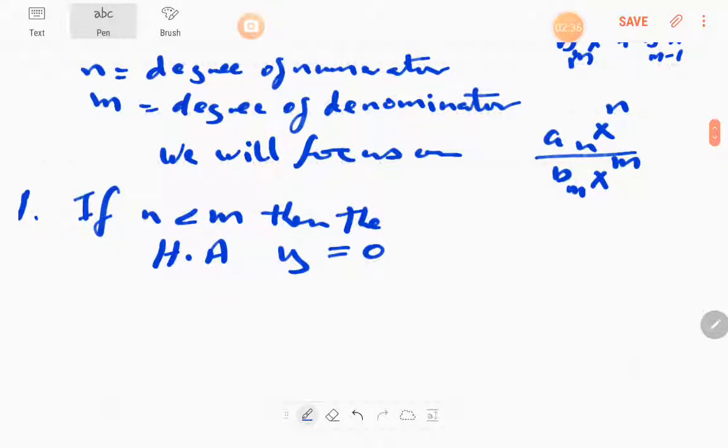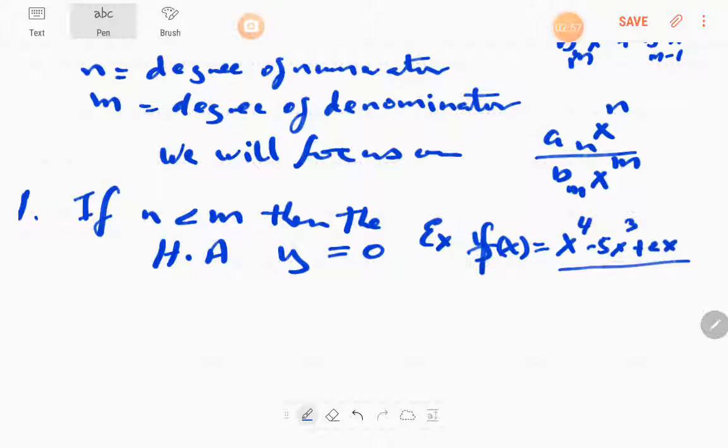So for example, suppose we had f(x) equal to x to the 4 minus 5x to the third plus 2x over 2x to the 6 plus 5x to the 4th minus 8x.